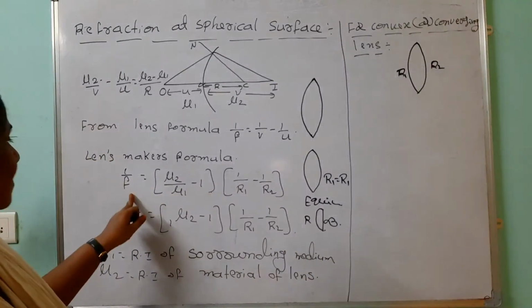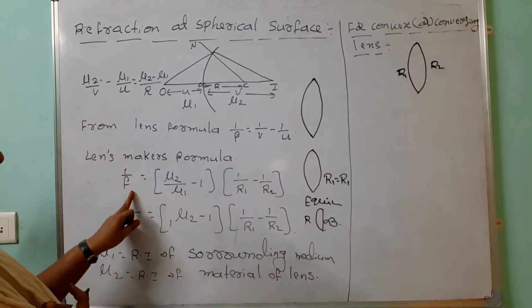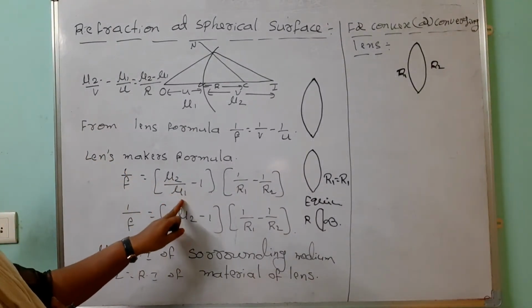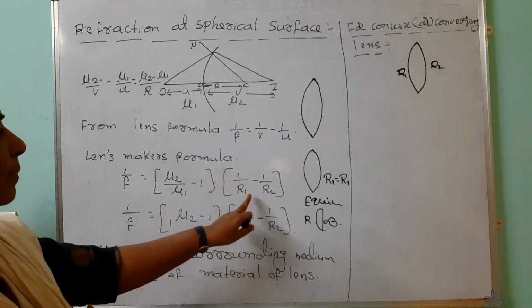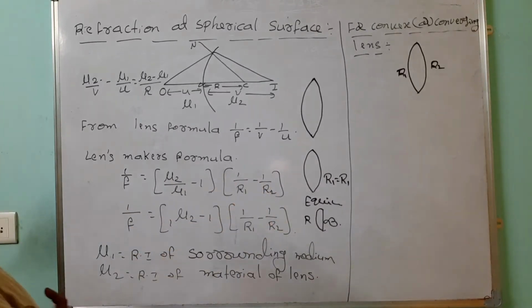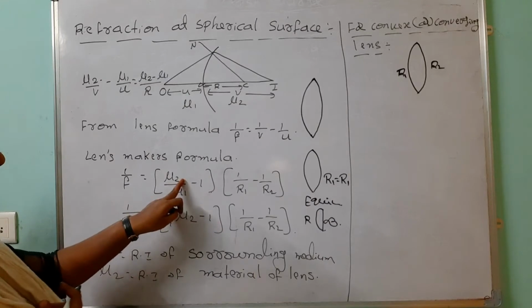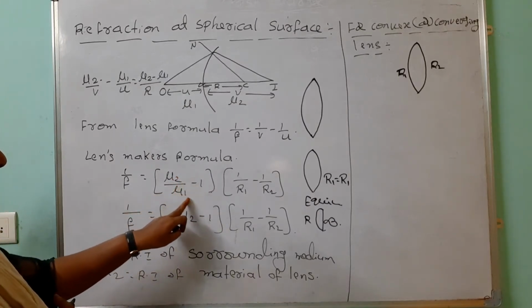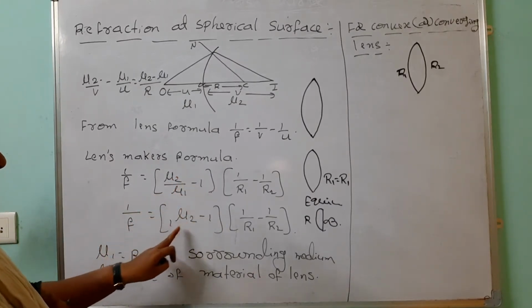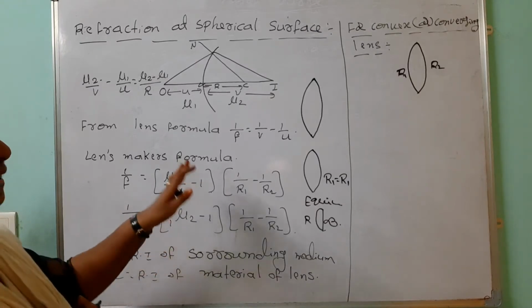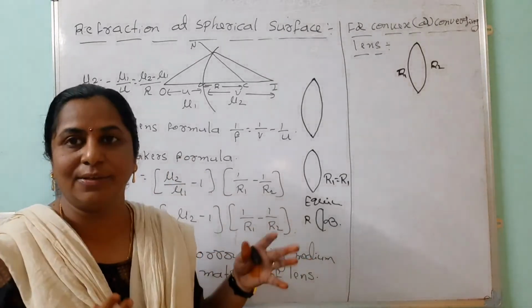Then this is the lens maker's formula, very important. 1 by f equals mu2 by mu1 minus 1, into 1 by r1 minus 1 by r2. Here mu2 is the refractive index of the second medium, and mu1 the refractive index of the first medium. We can write it like this also. Suppose the convex lens we are placing in air.